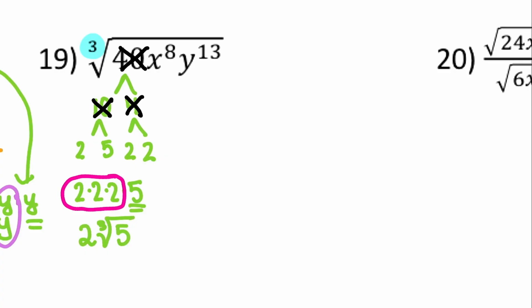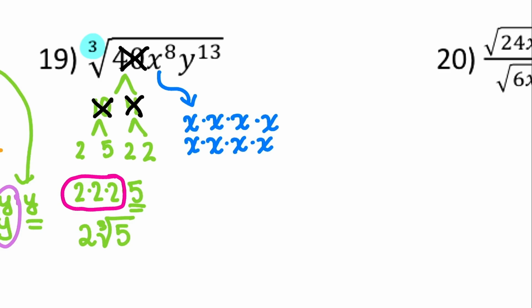Now let's do the same thing with our x to the 8th. Remember that we are thinking how many total groups of x's can we get out of this. So if we were to write this x to the 8th 8 times, and we're looking for groups of 3, we have 2 complete groups of 3 with 2 x's left over.